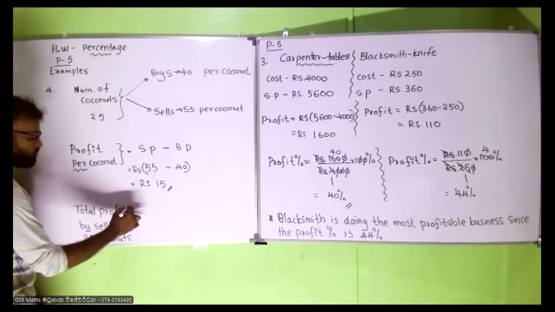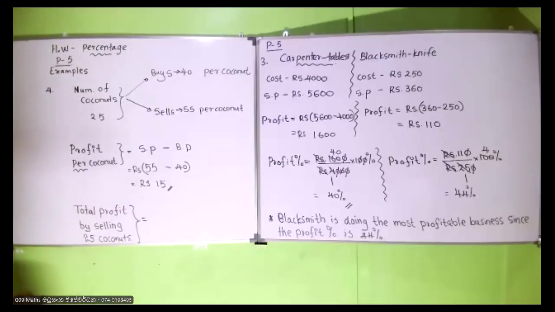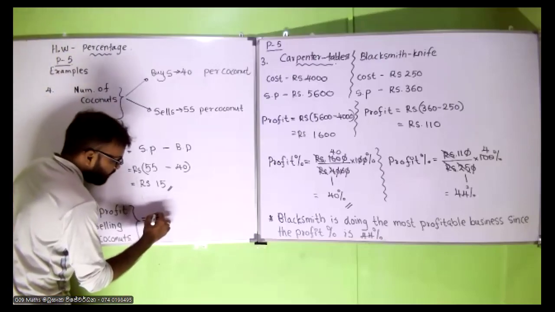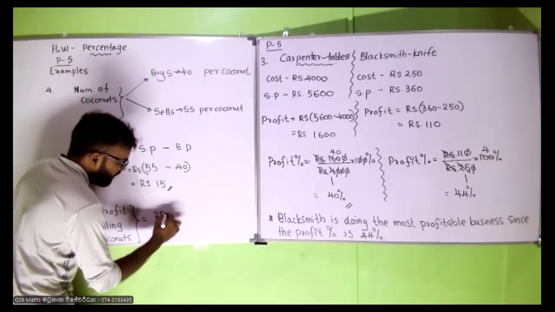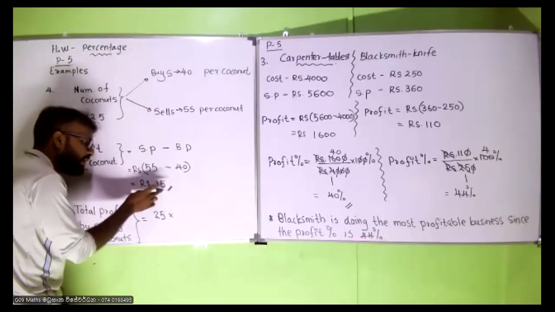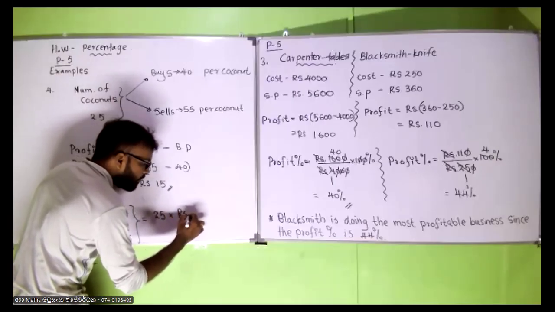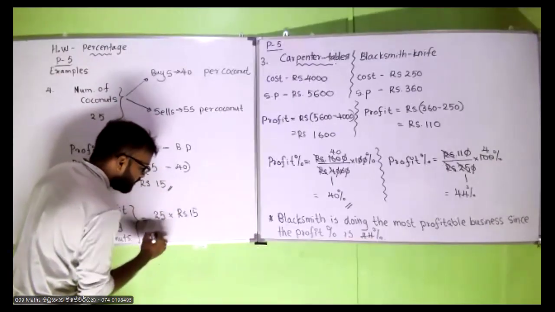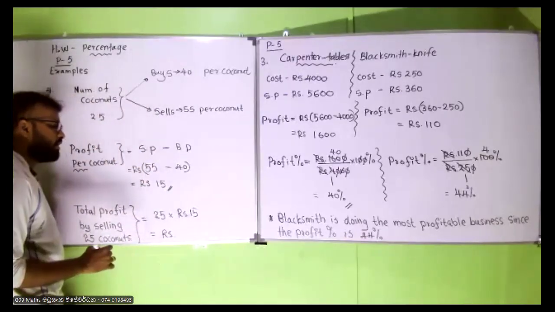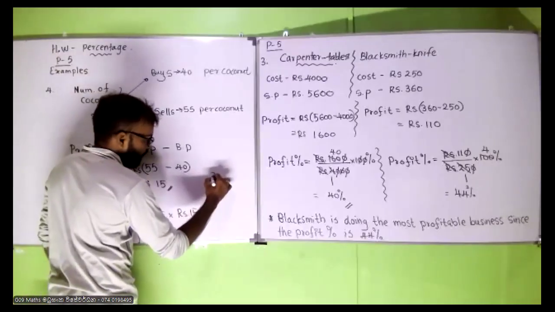How many coconuts are there? 25 coconuts. Per coconut, that vendor is earning 15 rupees profit. So you have to multiply these two together so that you can get the final profit. 15 into 25.